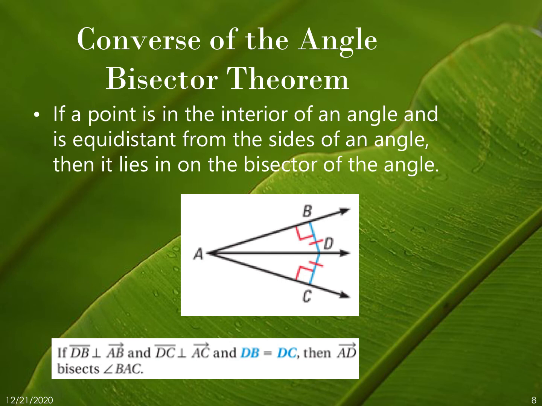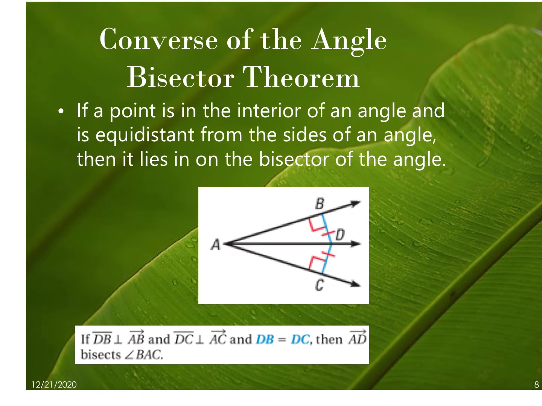The converse is going to flip the if and the then. Now it states if a point is in the interior of an angle and is equidistant from the sides of the angle, then it lies on the bisector of the angle. So we're looking for the congruency marks on these segments and that they're also perpendicular, so we look for the right angle.